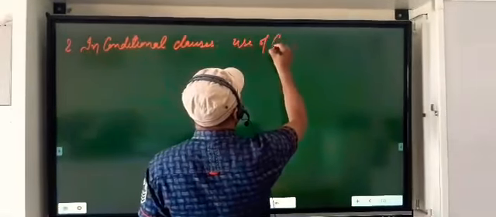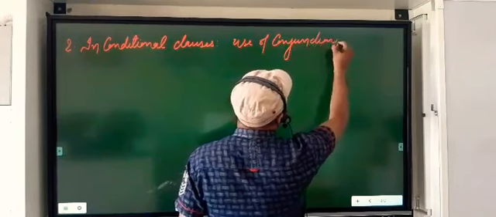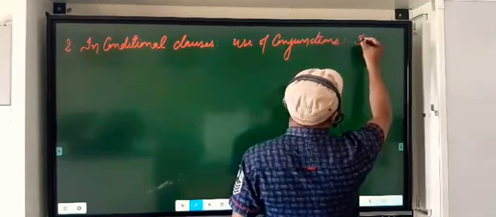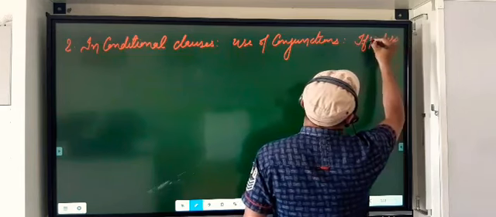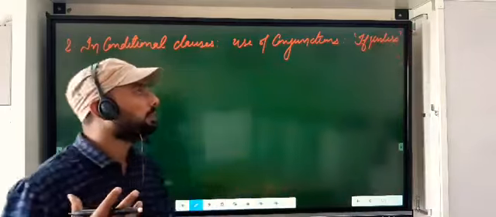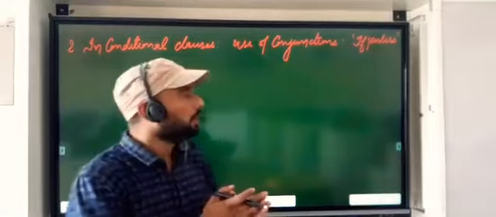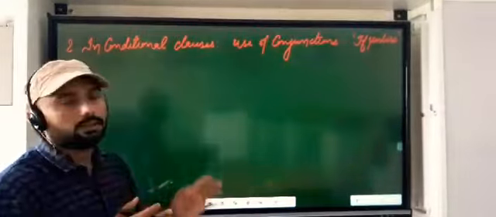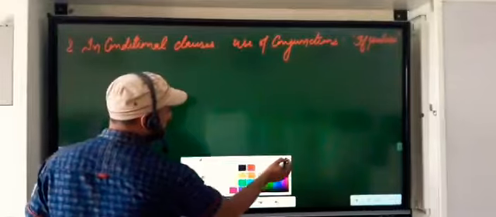Use of conjunctions if or unless. If you find that in any sentence if or unless is used as a conjunction to combine two sentences, it means that sentence is a conditional clause.